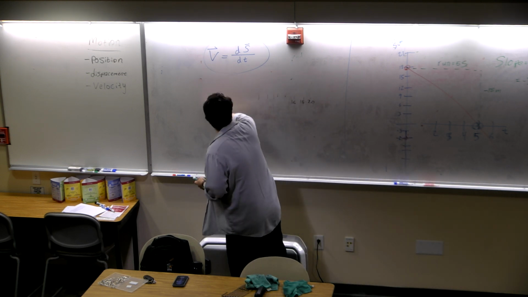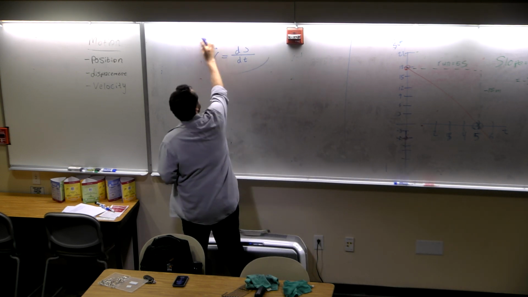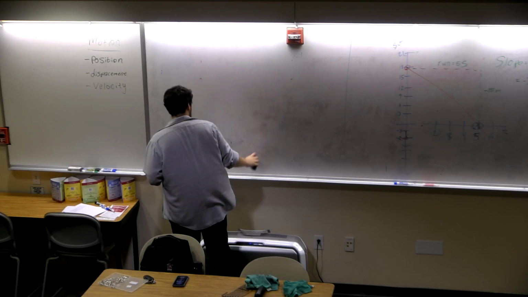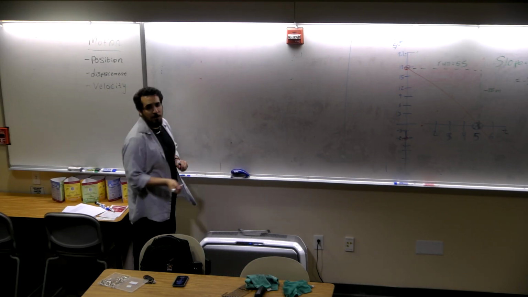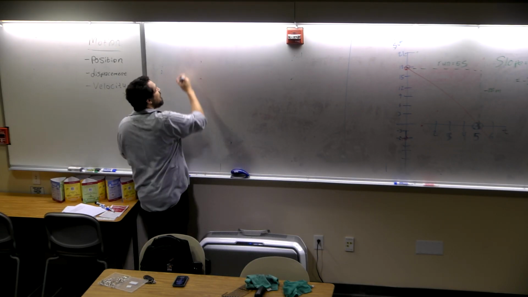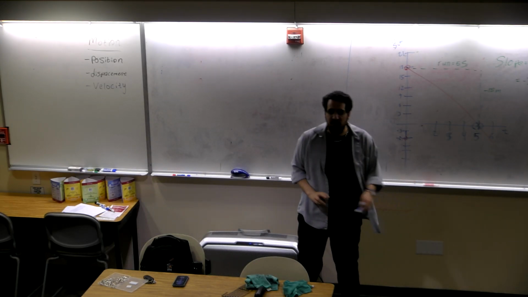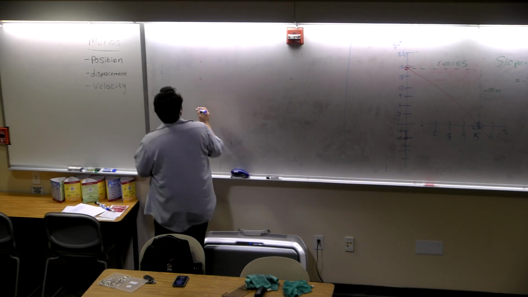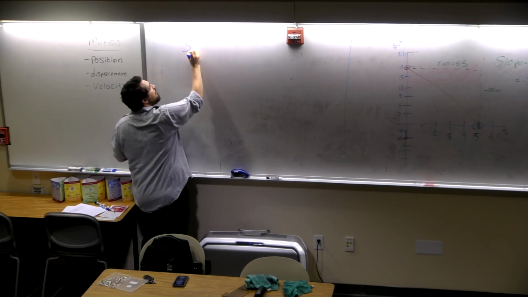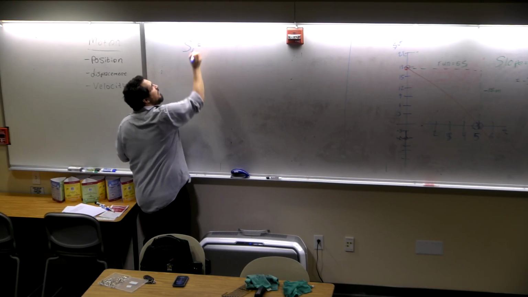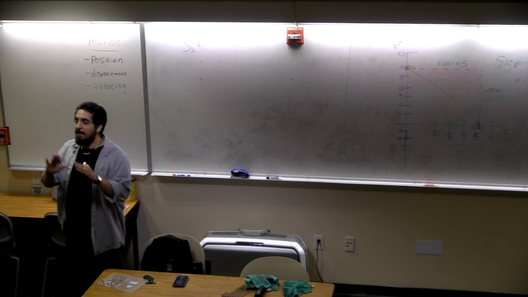I'm going to use x here to represent how far left and right this object is. x i hat plus y j hat. And if you wanted to put a z component in there, you can. But x is just a stand-in for some number. Maybe x is 3, meaning that we're 3 meters to the right. Maybe it's negative 2, meaning 2 meters to the left.